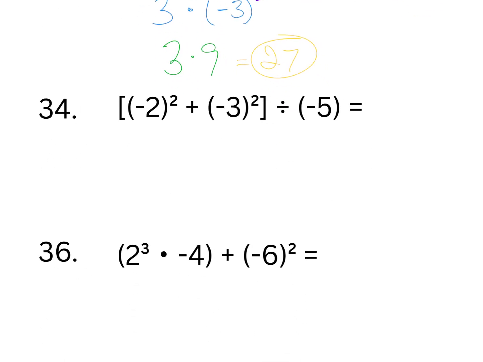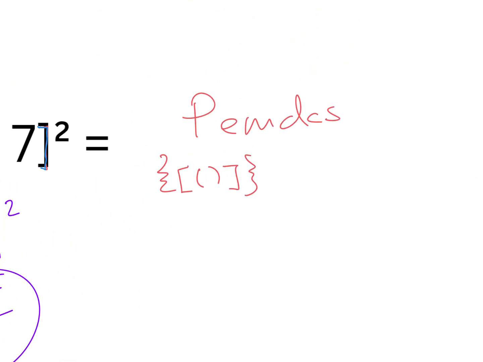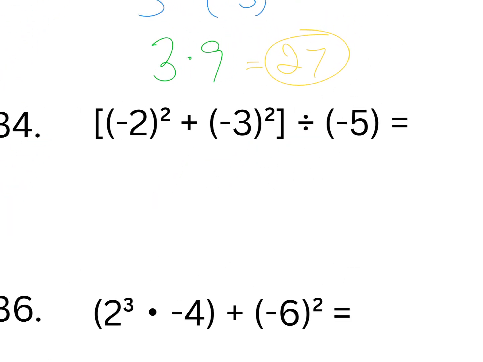All right, so we had one with brackets on the last video down here, and we just said, hey, brackets, parentheses, braces, pretty much the same thing, so don't freak out. We're going to do what's inside of them first. So negative 2 squared, that's 4. Negative 3 squared, that's 9.